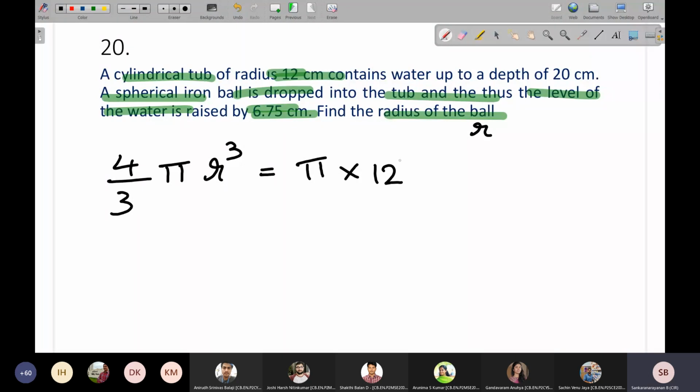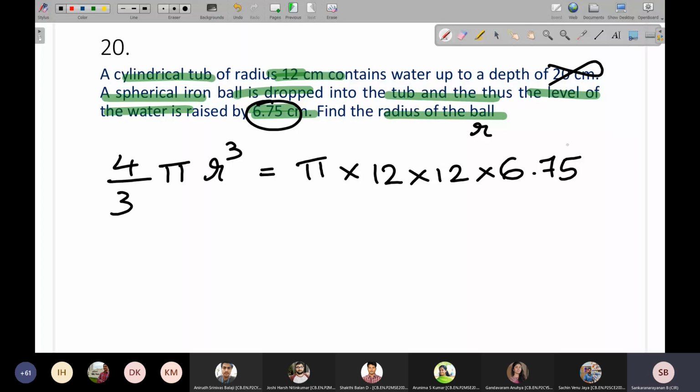You can see that for the height, it is not the 20 centimeters you should focus on, but the 6.75 centimeters. The increase in the height of the water level is in proportion to the volume of the item that is dropped into it.